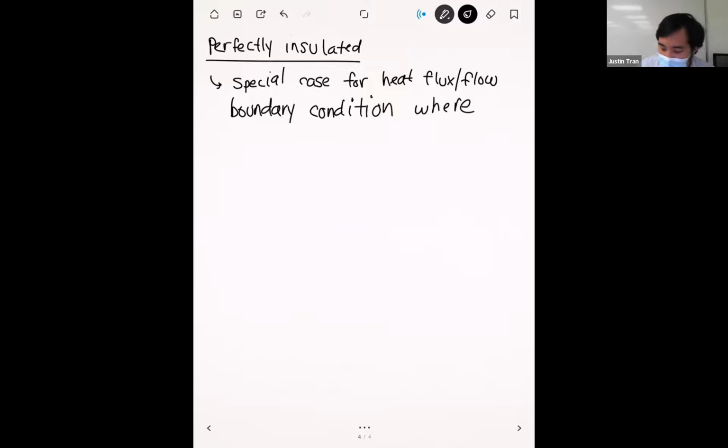It's a special case because a perfectly insulated boundary condition is one where the heat flow is zero.